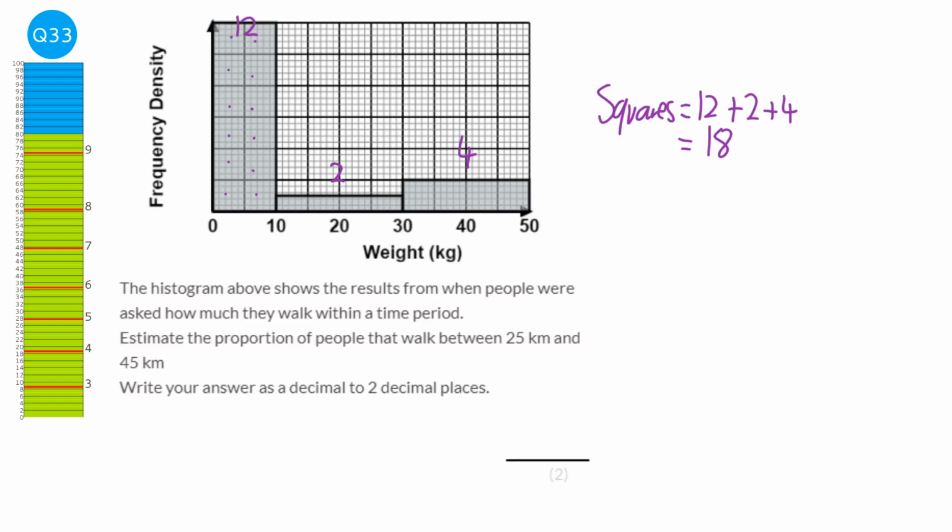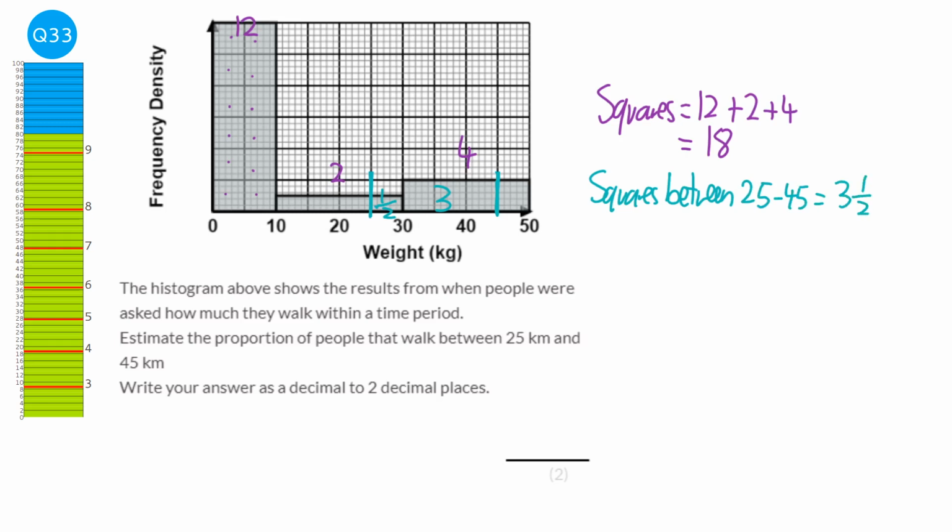Now it says that we're looking for between 25, which will be here, and 45, which will be here. So we count the squares in this little interval. There are 3 here, and there's half a 1 here. So the squares between 25 and 45 is 3.5.